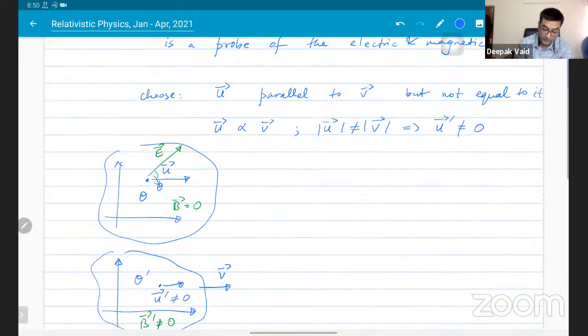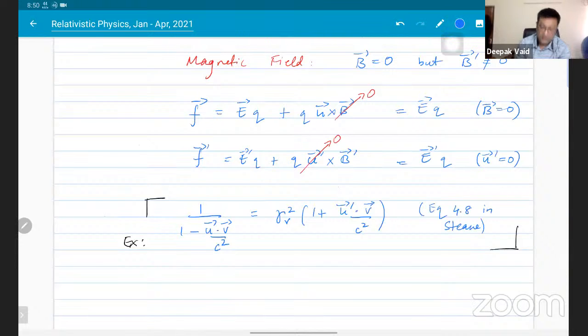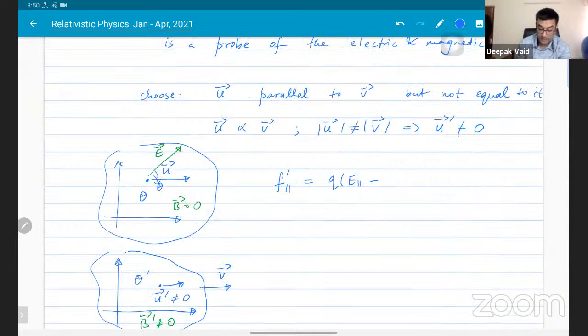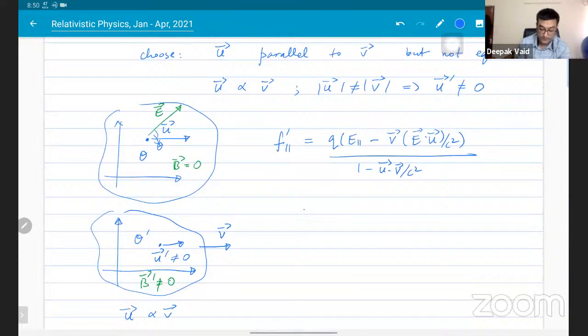So we substitute this expression into our force transformation as before. So F prime is equal to Q times E parallel prime minus V E dot U by C square over 1 minus U dot V by C square.